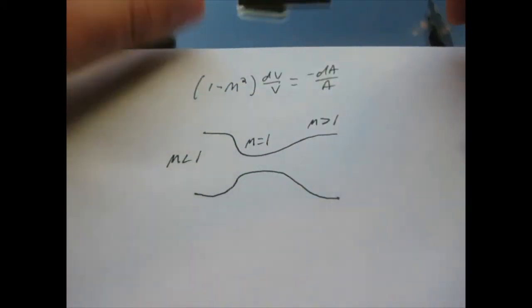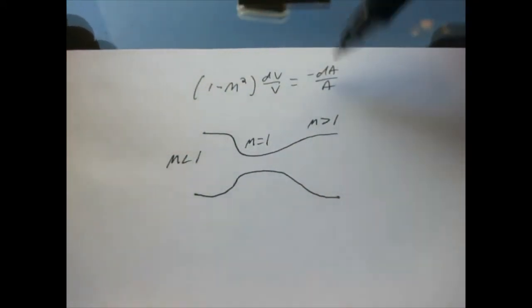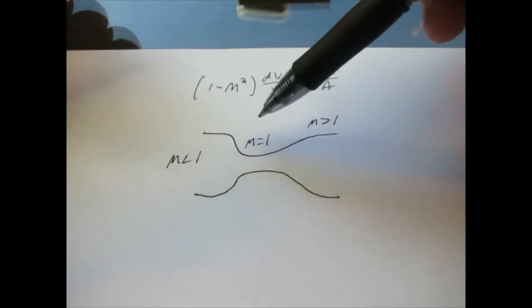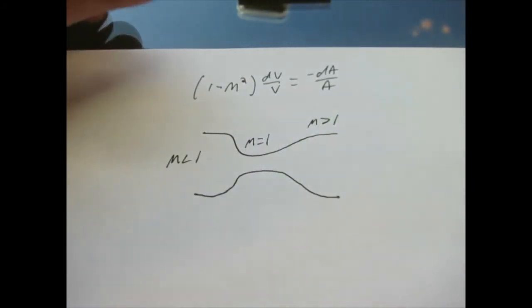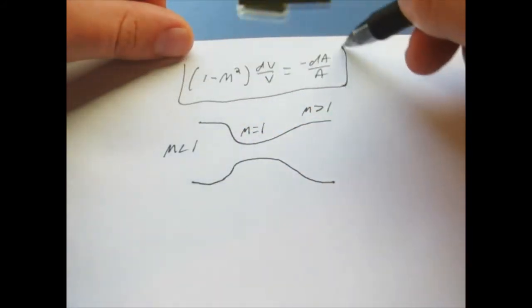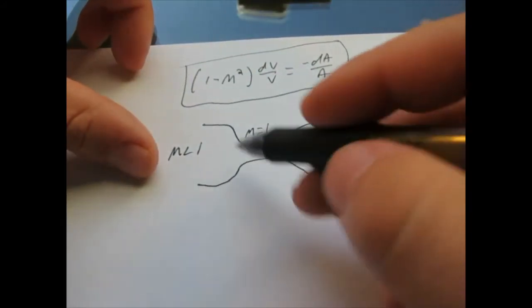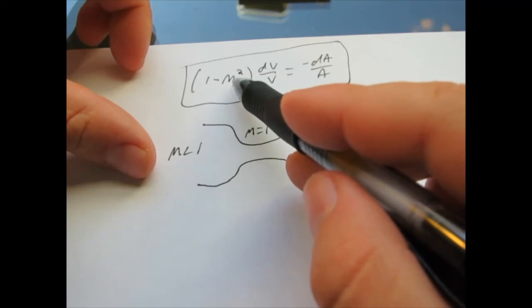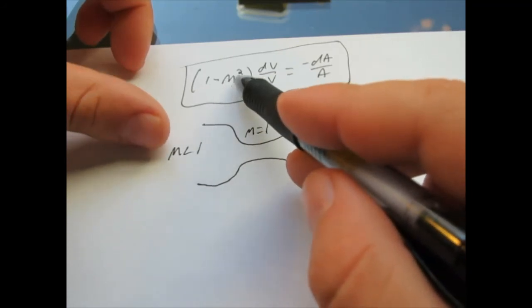So what does this relationship show us? Like, what does this mean? This is very important in converging, diverging nozzles. So we're using this equation right here. Let's say the Mach number is less than 1.